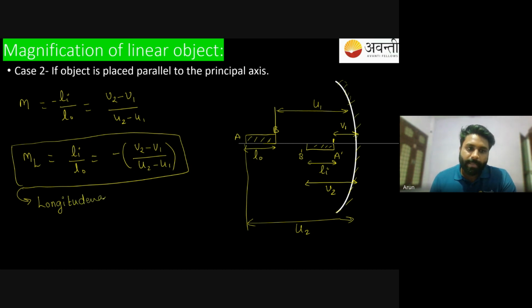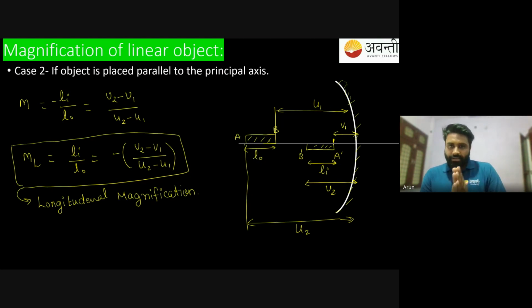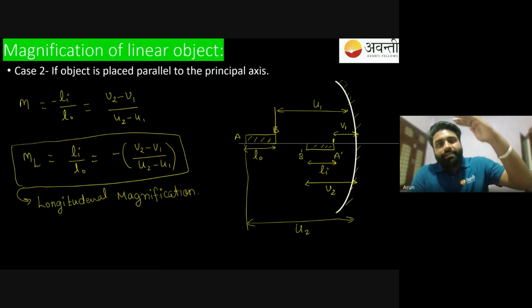Longitudinal magnification. What is the difference between longitudinal and transverse? Longitudinal magnification tells us about the length of the image, how lengthy the image is, and the transverse magnification tells us about the height of the image.